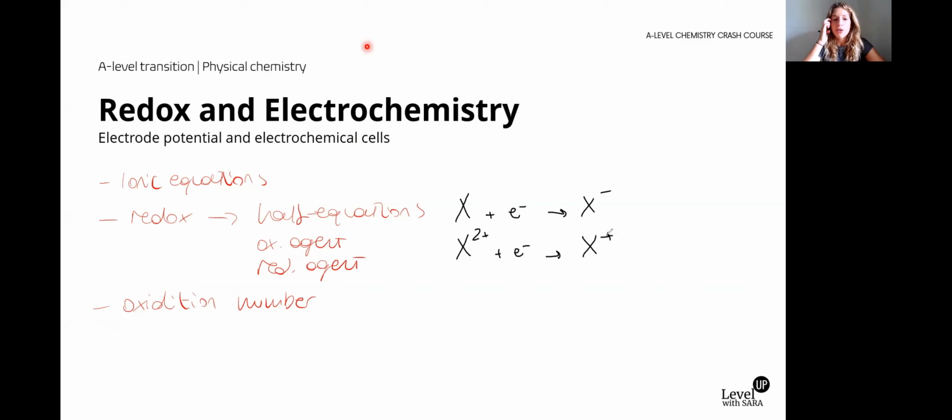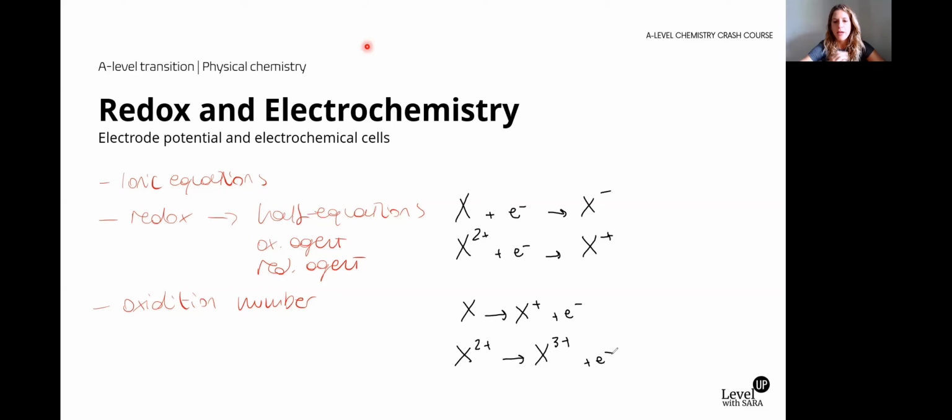So for the half equations, just remember reduction and oxidation, and think about either the transfer of electrons or the change in oxidation number. While for oxidation, it's loss of electrons, so something becomes even more positive. So either look at charges or look at the change in oxidation number.